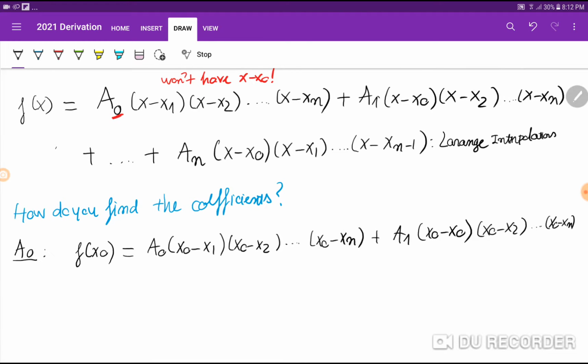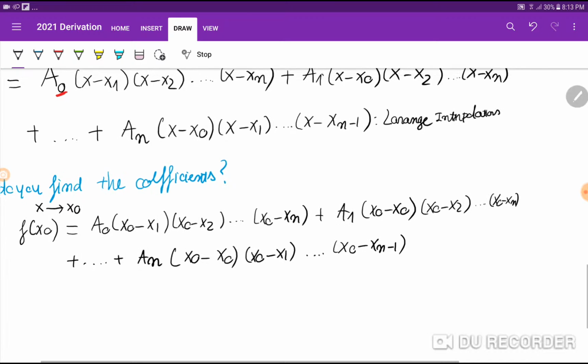Notice that I just plug in x0. I just replace x with x0, all the way to An times (x0 minus x0)(x0 minus x1) all the way to (x0 minus x(n minus 1)).